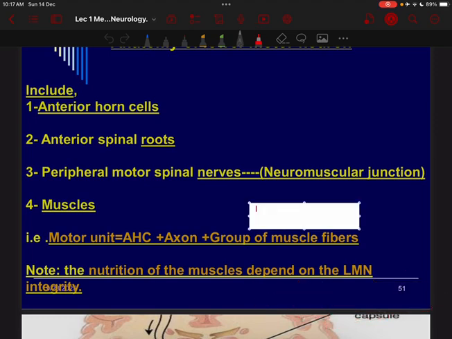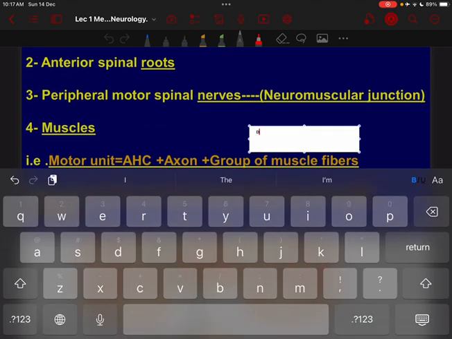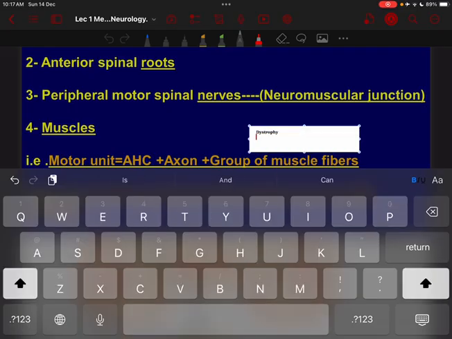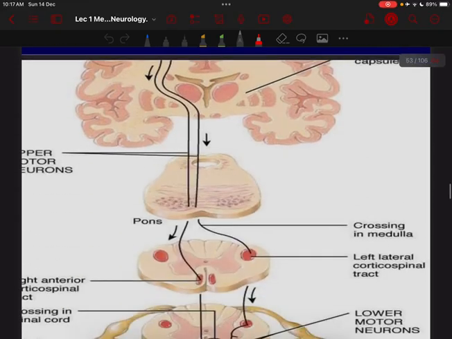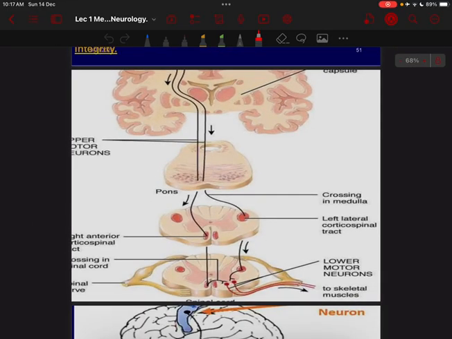So here it is clear. We have the upper motor neuron starting from the motor area, corticospinal tract, goes to the brainstem, the pons, medulla, and then it crosses to the opposite side, going down. This is indirect, and this is direct.